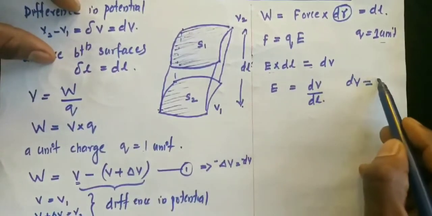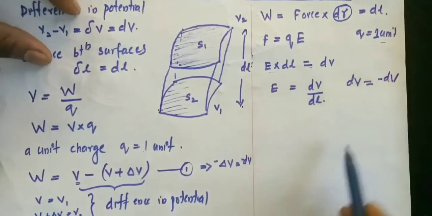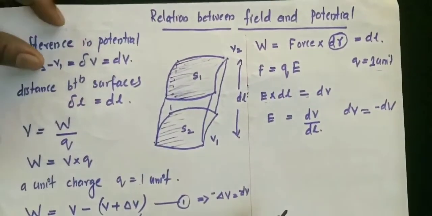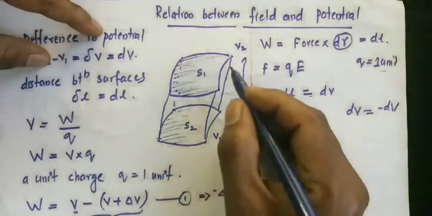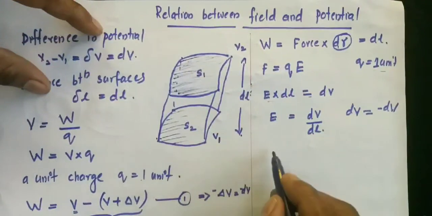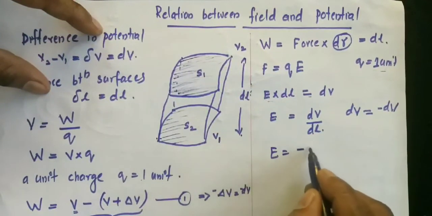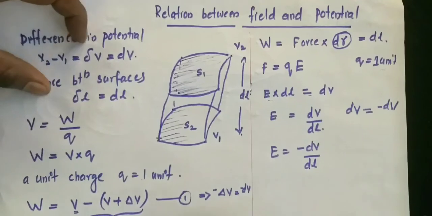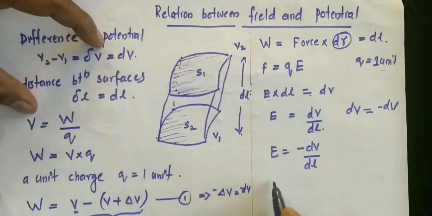So dV I am writing as minus dV. Just how I am considering its polarity. So I can write the above equation, E is equal to minus dV divided by dl. That is, the electric field is the negative change in potential with respect to the length.